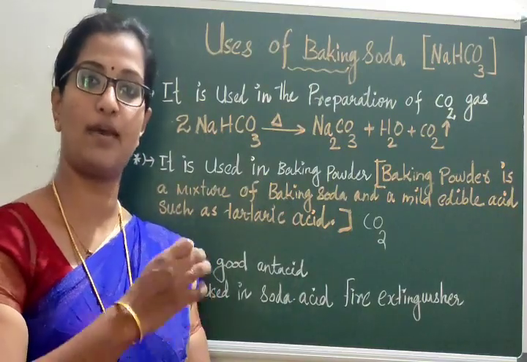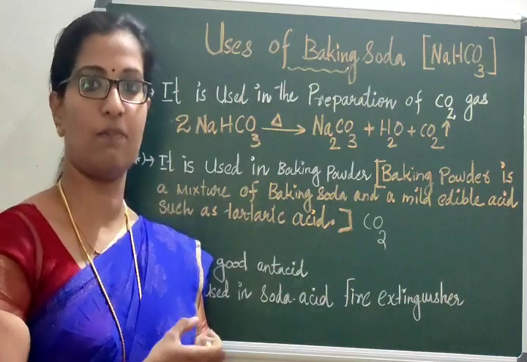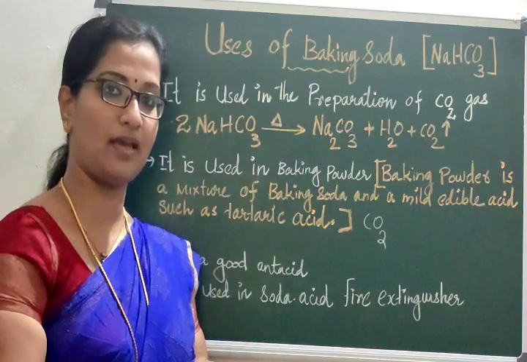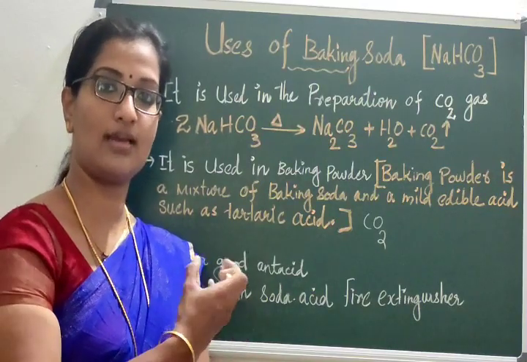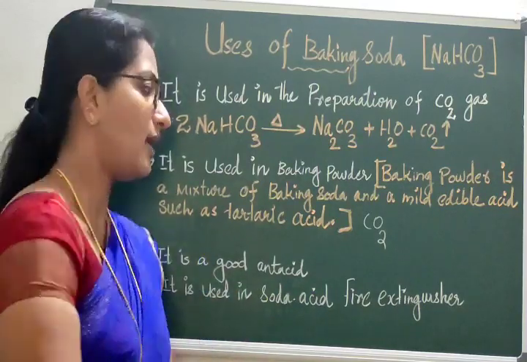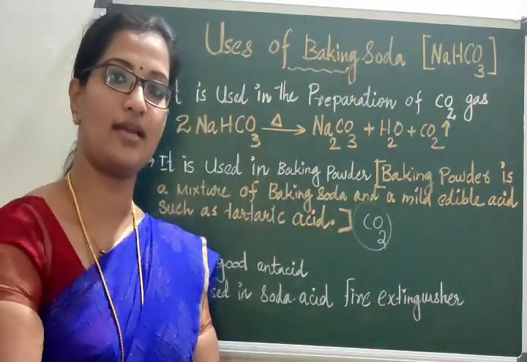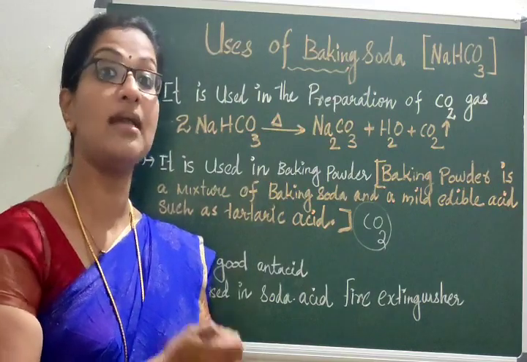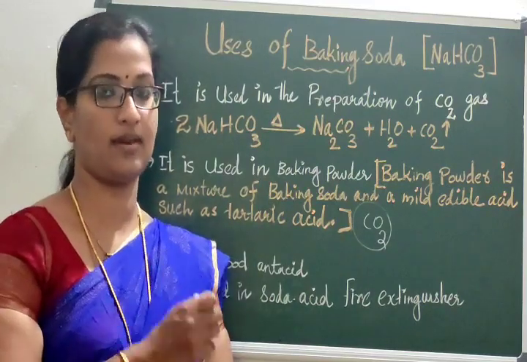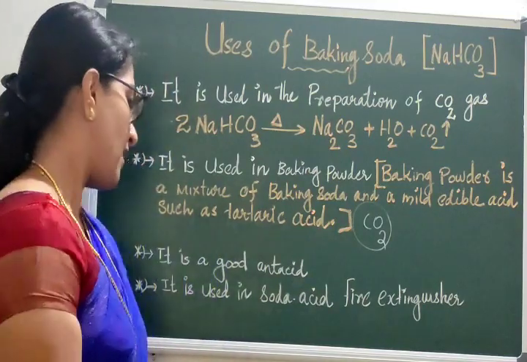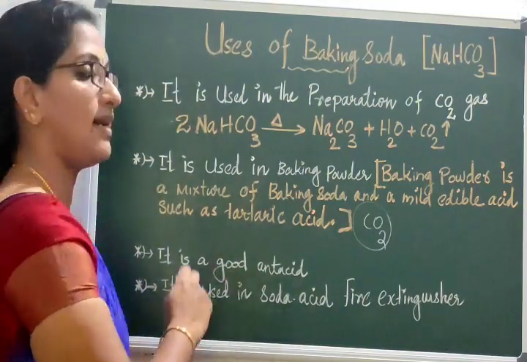If you want to prepare cake or any baking product, you will add baking powder. When you add baking powder, during heating, what happens? It produces carbon dioxide gas. This carbon dioxide gas is the reason for the crispiness of bakery items like cake, puffs, etc. And it is a good antacid.